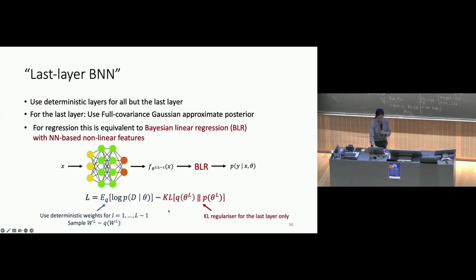For the expectation, sampling from a delta measure means you only have one possible case. So you use deterministic weights for the first layers until the second last, and for the last layer you sample from this Gaussian distribution. This is how the last layer Bayesian neural network works.